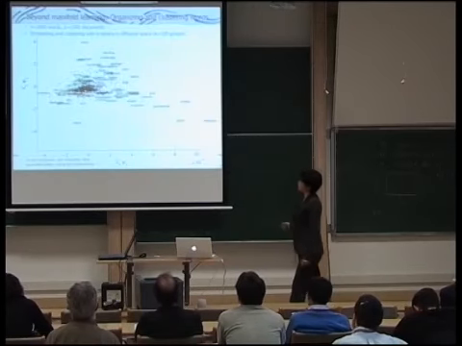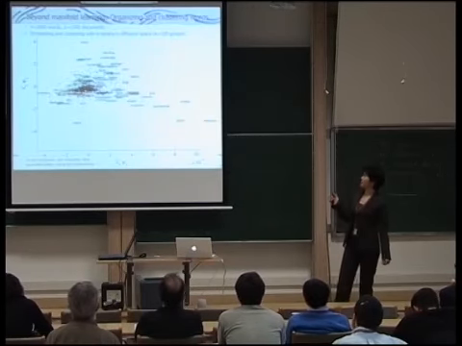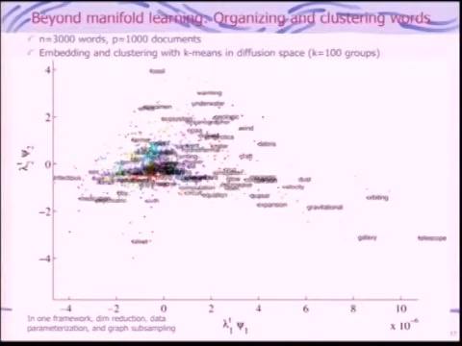So this example is to show that eigenmaps go beyond manifold learning. Here we're using eigenmaps to organize and cluster words, and there's no reason to believe that words form a manifold, but we can still learn structure.